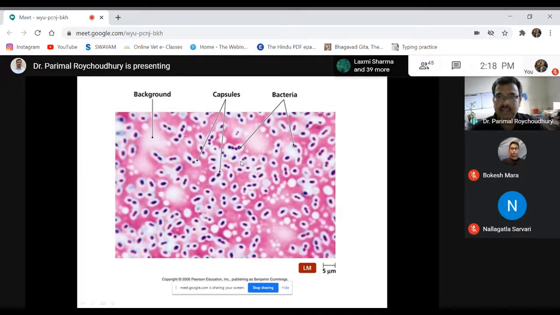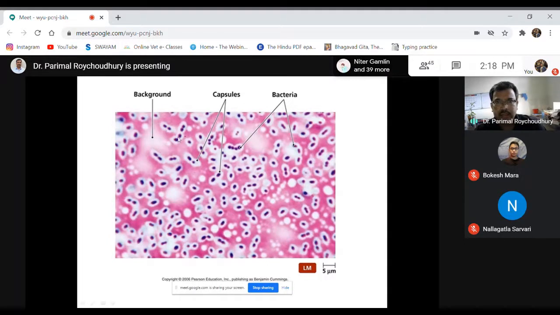As I said, the capsule is highly porous, so if you wash it, any stain particles that enter will be removed. Here, they first took the nigrosin stain, and then maybe Hiss's stain, I guess.